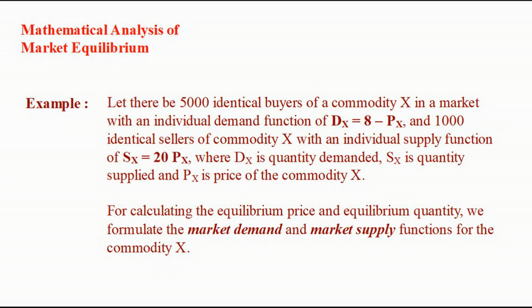This is the individual supply function, but we have 1,000 identical sellers of a commodity in the market. Clear? Now we have to find the equilibrium price and equilibrium quantity. In order to do that, we need the market demand function and the market supply function.